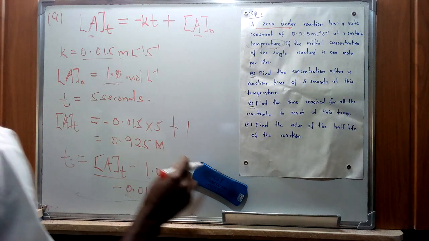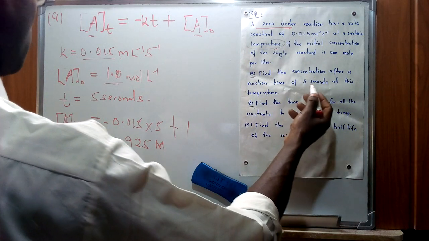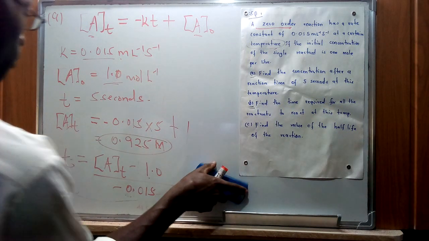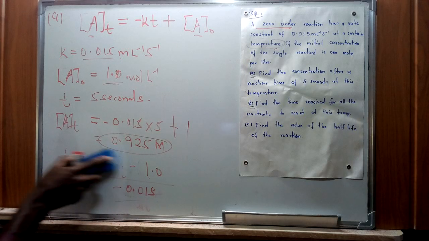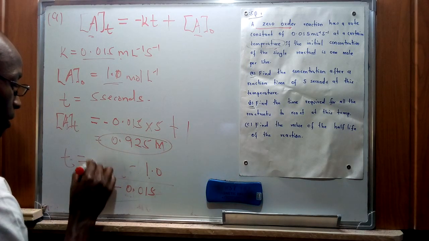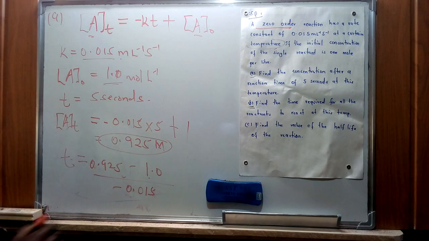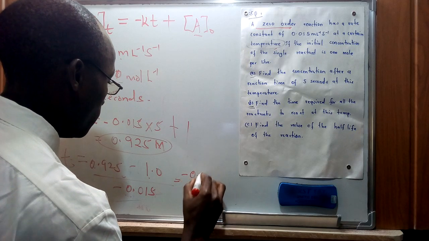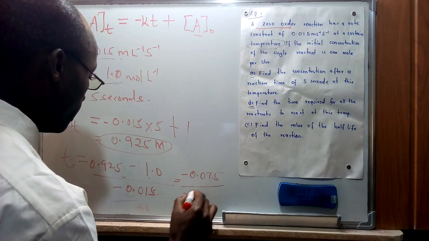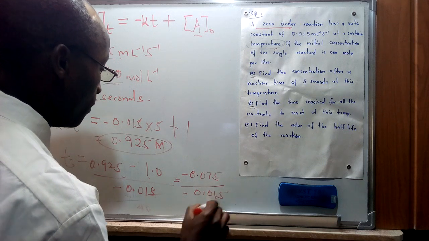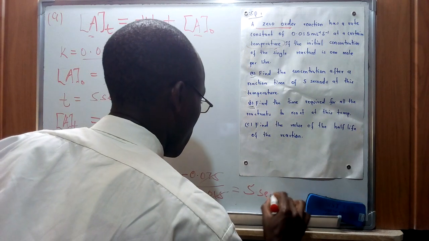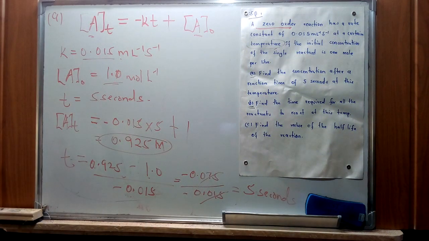And then we have at t equals 5, the concentration will be 0.925. So we will do a substitution for that here, 0.925. So therefore this is going to be negative 0.075 divided by negative 0.015, which is going to give us 5 seconds. So that is for choice B, for the question B.